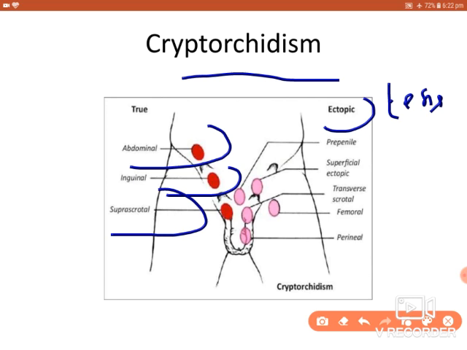In an ectopic testis, the testis has taken a different pathway and reaches an unusual position, which may be prepenile, that is, at the back of the penis, or superficial ectopic, that is, over the aponeurosis of the external oblique muscle, then transverse scrotal, that is, in the inguinal canal or in the opposite scrotum, then femoral, in the femoral canal, or peritoneal. Those are the subtypes of the ectopic testis.